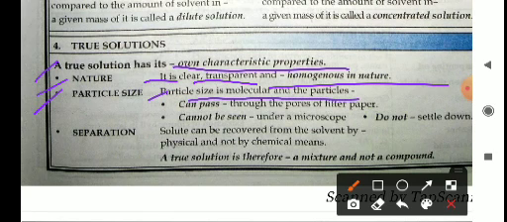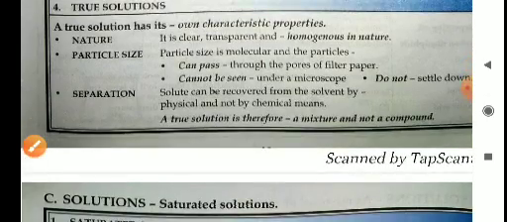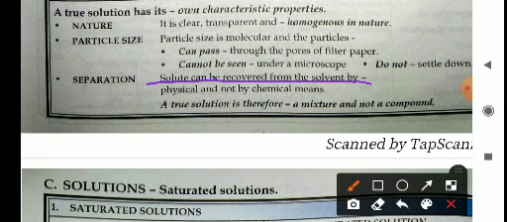Particle size is molecular, the particles can pass through filter paper, cannot be seen under a microscope and do not settle down, so their particle size is very small. And for separation, solutes can be recovered from the solvent by physical and not by chemical means. So a true solution is therefore a mixture and not a compound.